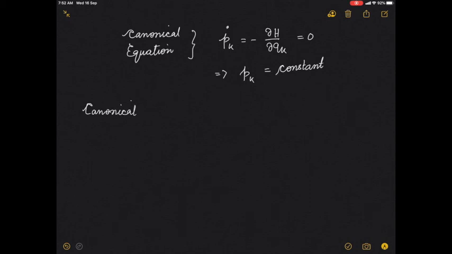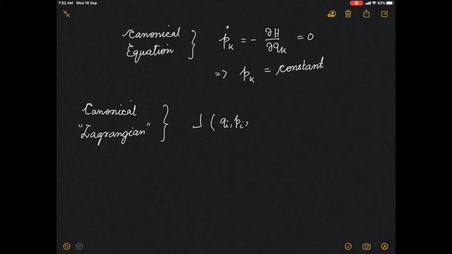Let me show you that also, that pk is the conjugate momentum. Remember the canonical action, or let me write the canonical Lagrangian, which he wrote with a mirror L. This is a function of all qk's, or should I write qi's?